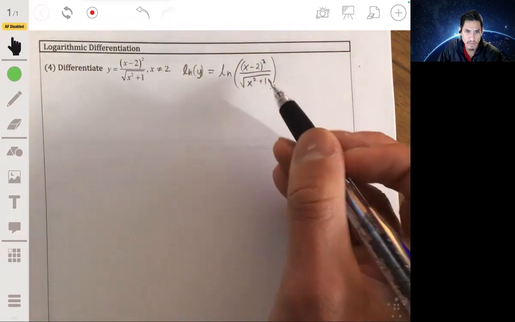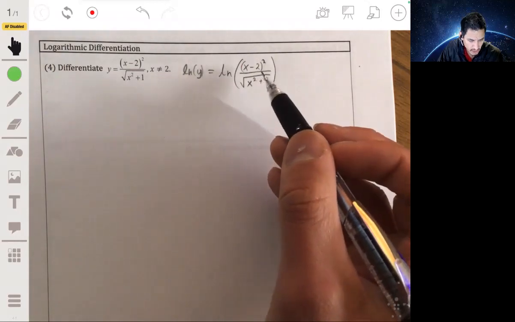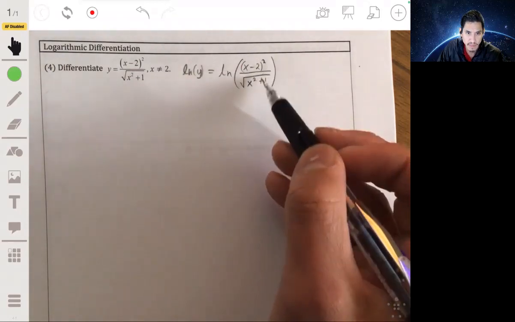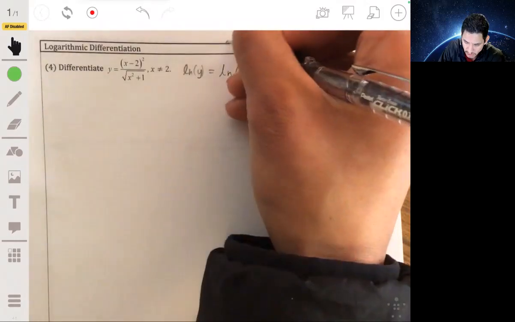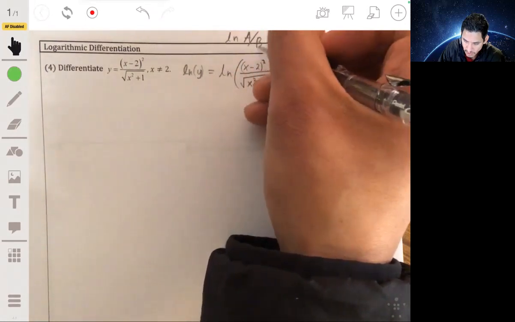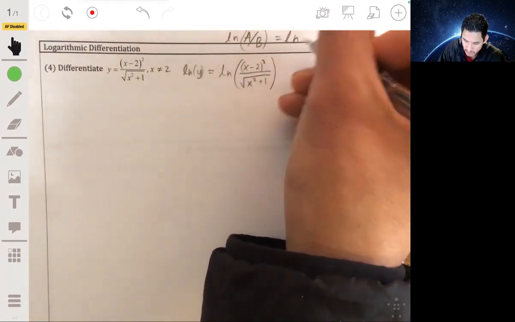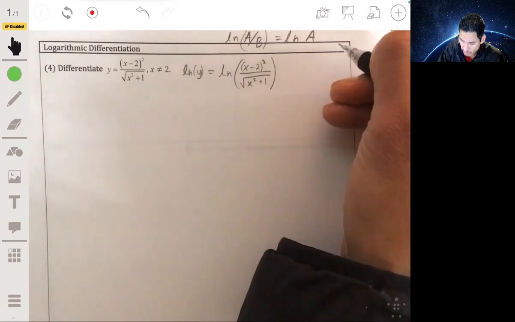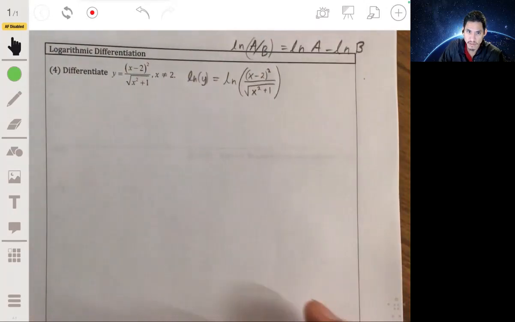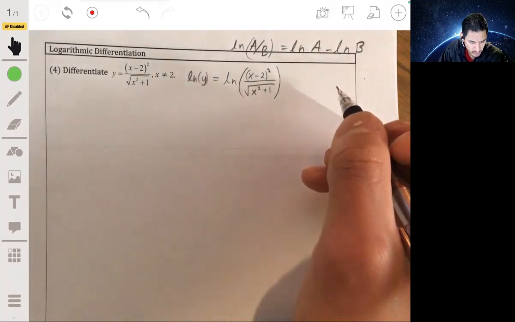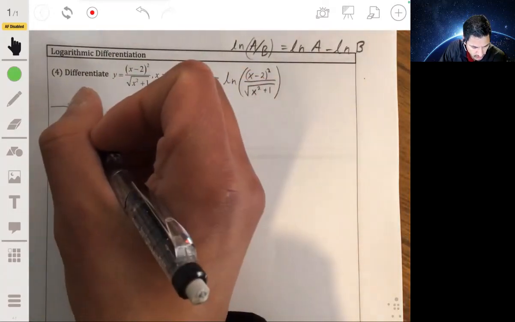And then from here, we can break it up by using the logarithmic properties. So we're going to separate the right side by using the difference property. Remember, the natural log of a over b is equal to the natural log of a minus the natural log of b. So let's rewrite the right side.